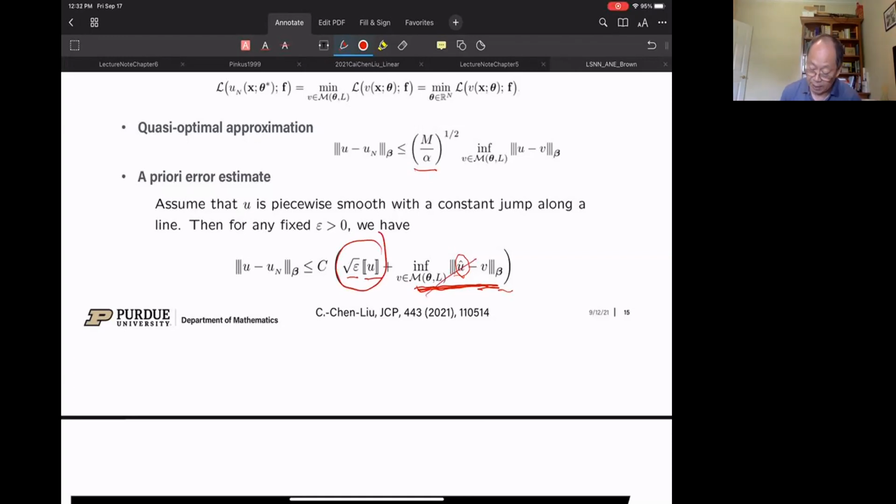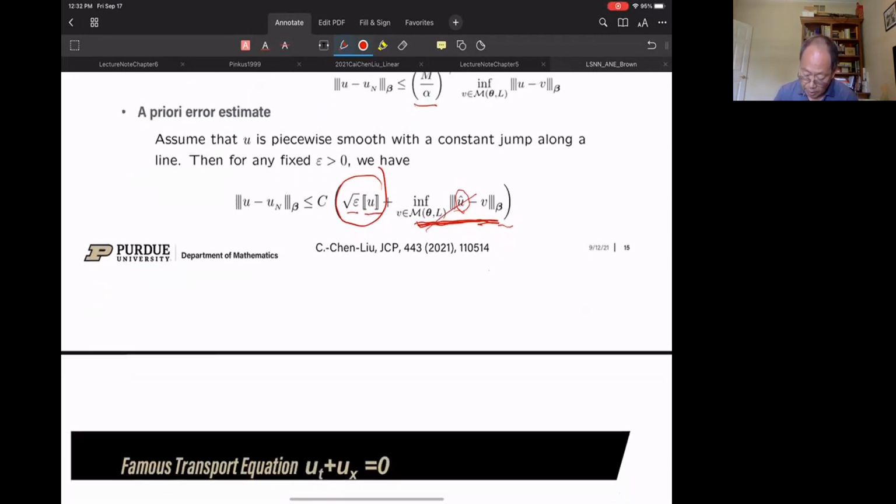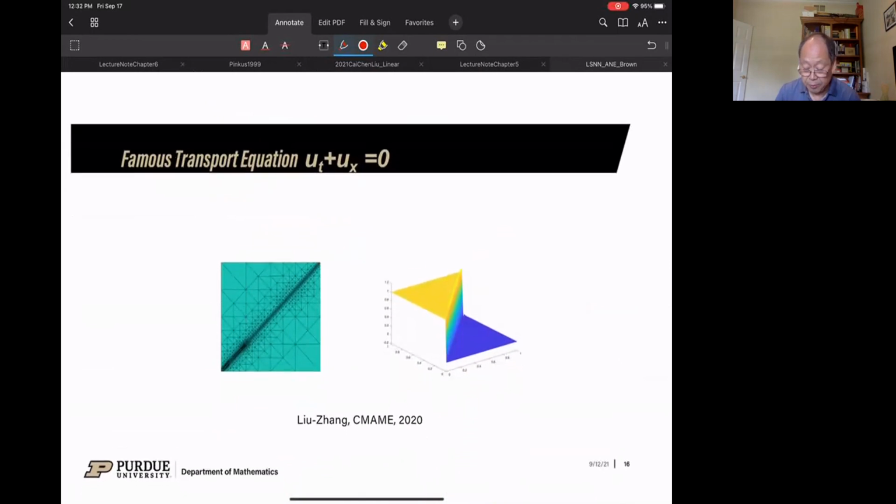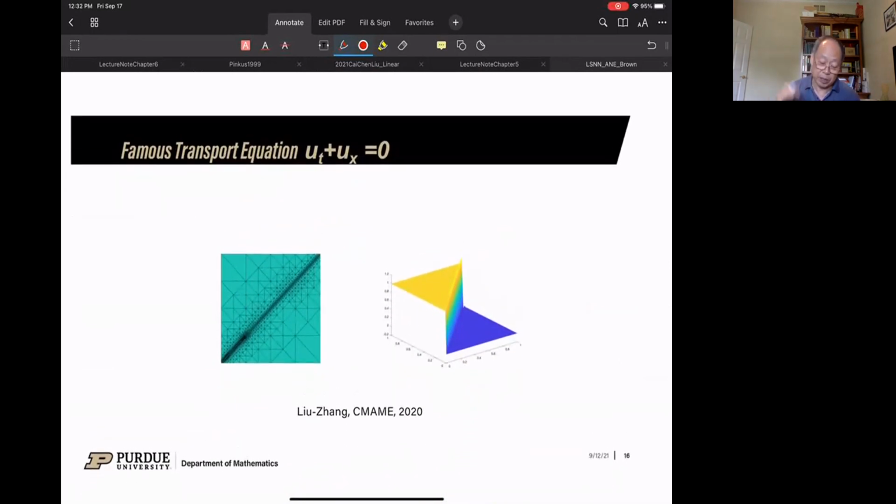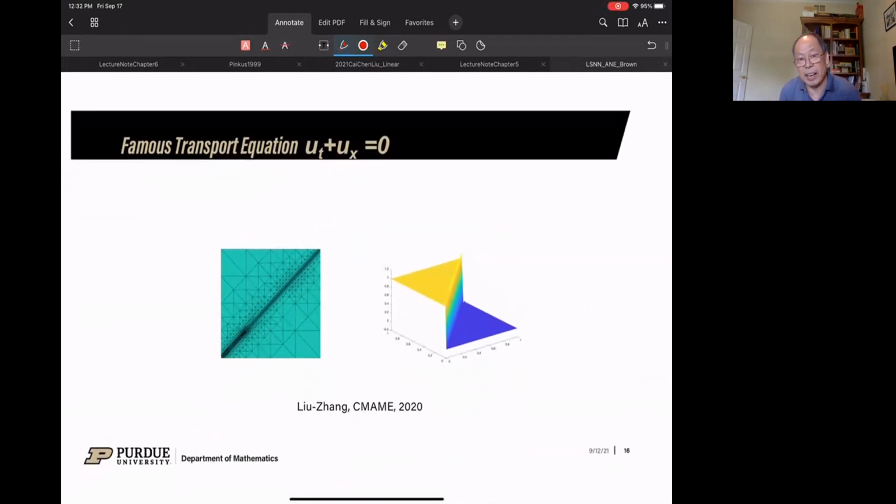So let's look at the numerical examples. This is our recent JCP paper, which just appeared. This is a famous problem when everybody is talking about a scalar conservation law, particularly at Brown. Professor Gottlieb probably spent a lot of time on this problem: just U_t plus U_x equal to 0.